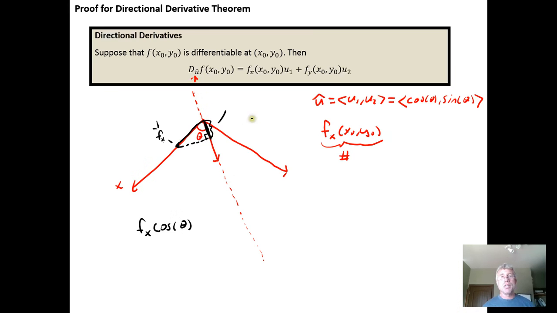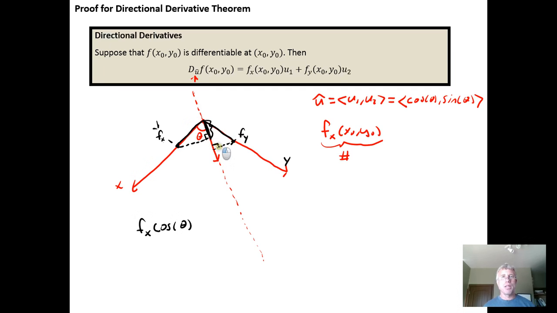And then we can do the same thing with the partial derivative with respect to y. It's just going to be some value that we could plot out on the y-axis. It makes sense to plot this number on the y-axis because this is the rate of change in the direction of y. But notice we can again drop the perpendicular down to the line formed by the vector u hat.